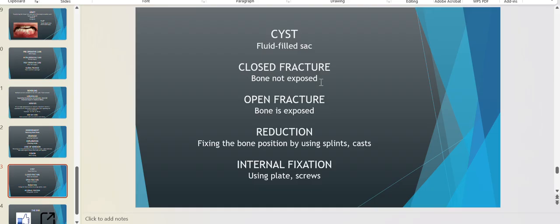In an open fracture, the bone is exposed; we can see it with the naked eye. Reduction means fixing the bone position using a splint or cast. Now internal fixation means fixing the bone using a plate or rod.